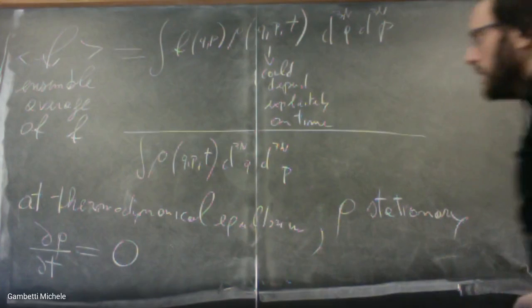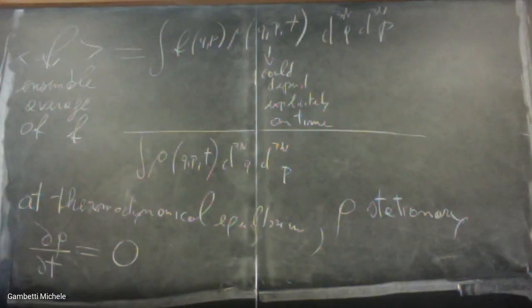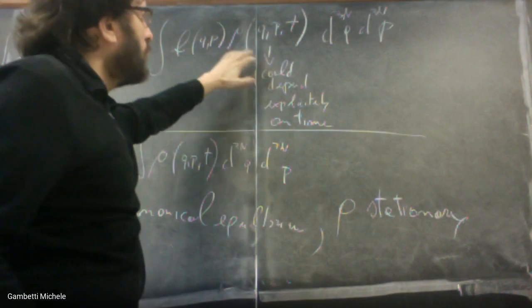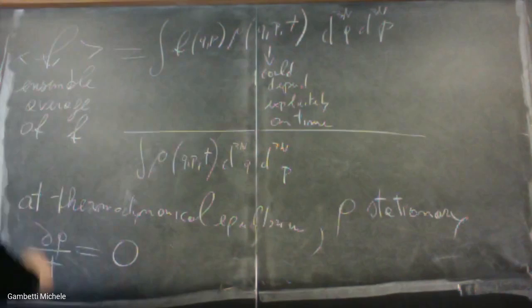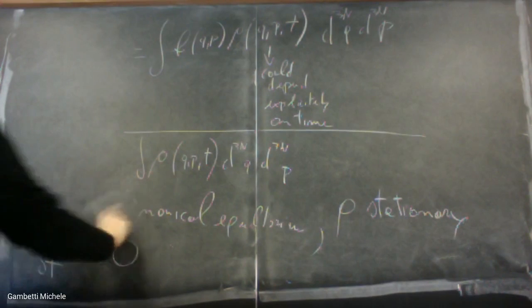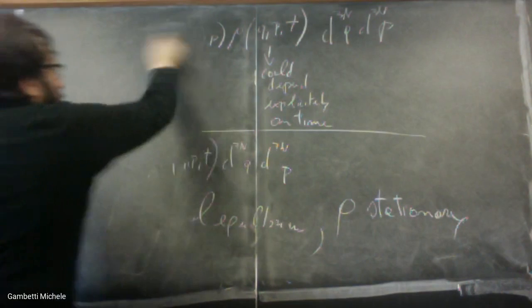Okay, so now how can we single out the possible distribution functions which do not depend on time? To do that, we need to write an equation which is called the Liouville equation.